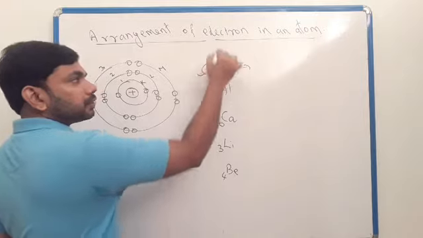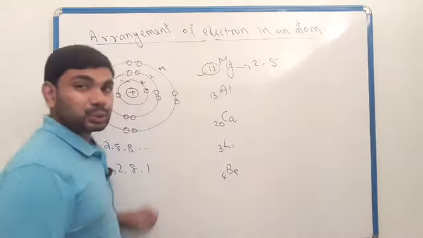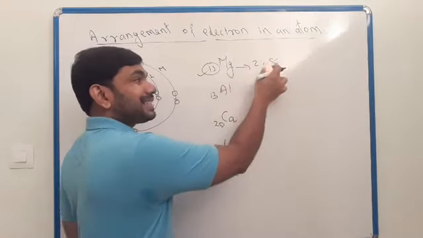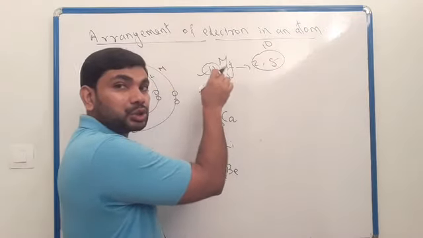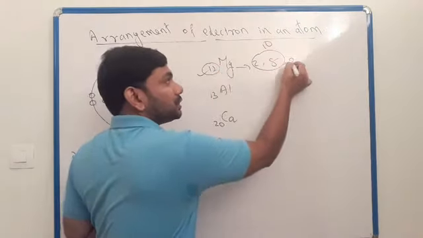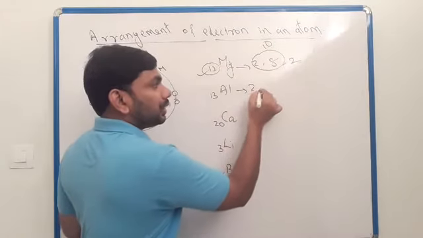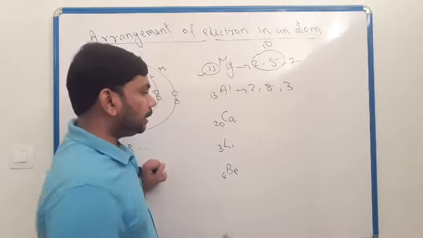Similarly, look here, magnesium atomic number 12. First shell 2 electrons, second shell 8 electrons, 2 plus 8 is 10. We have only 12 electrons, 12 minus 10 is 2, so it is 2, 8, 2. Similarly here 2, 8, 3, for atomic number 13.